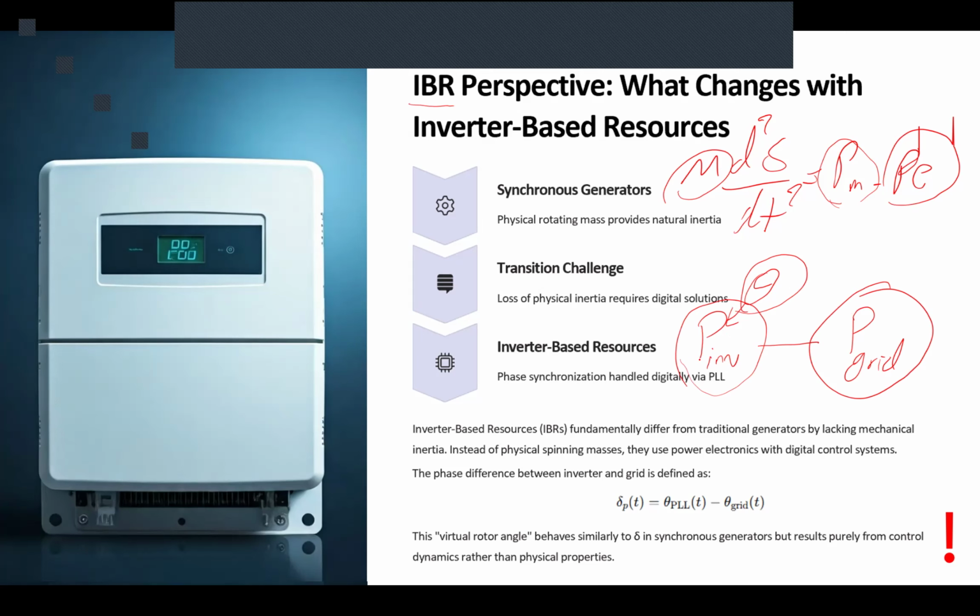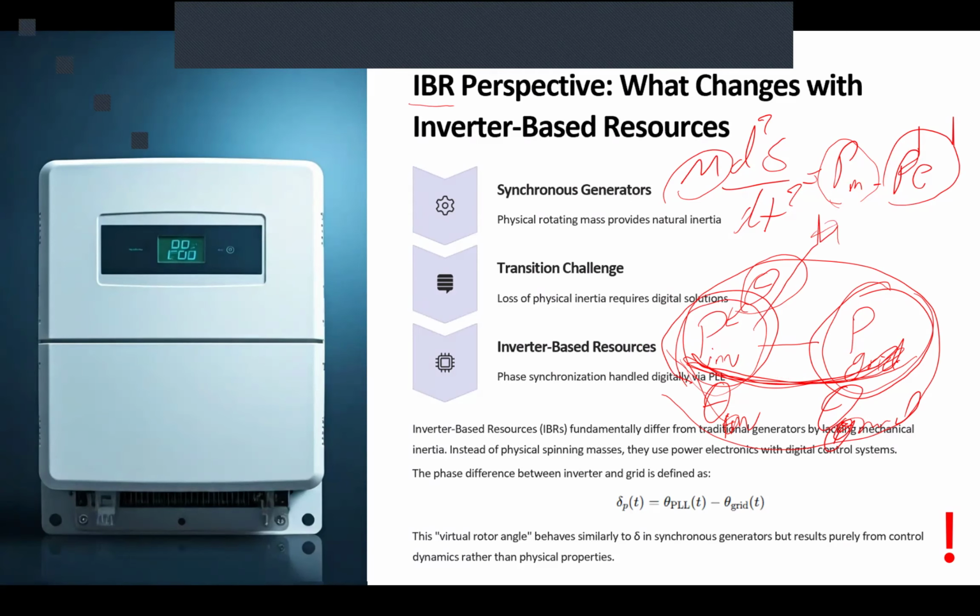So we could say that the difference between theta of grid and theta of inverter could represent the power variations, or power transfer or power fluctuation, between our source and our reference.